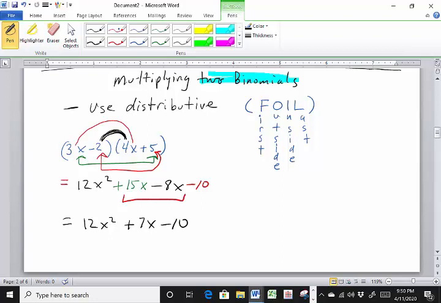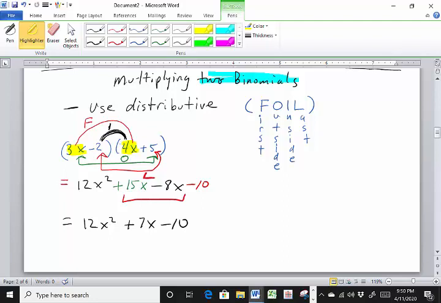So let's go back over this. This was the first. This was the outside. This was the inside. And this one is the last. Okay? Again, it's distributive law. Look what we're distributing. Let me go with colors. So I take the 3x times the 4x, right?